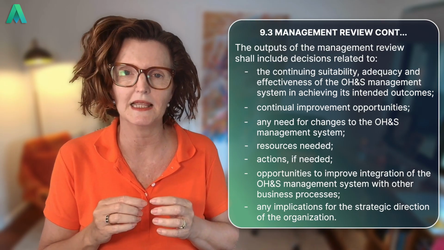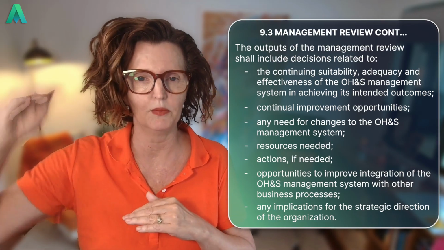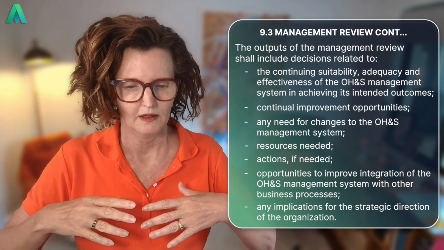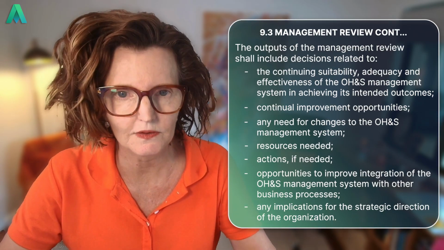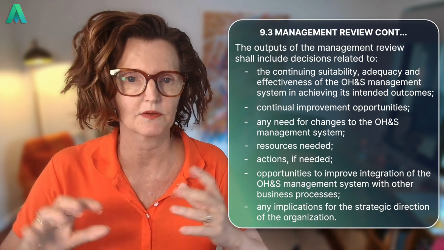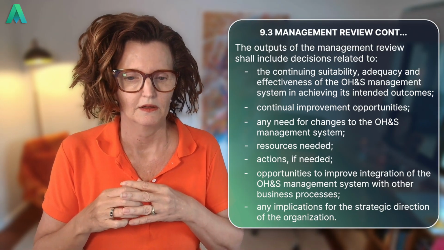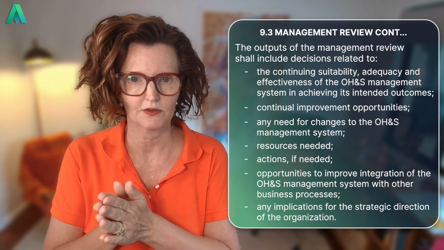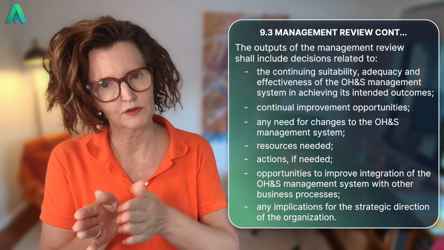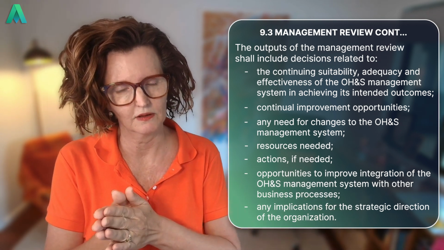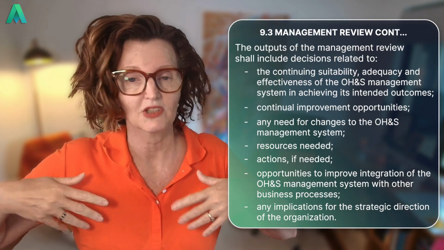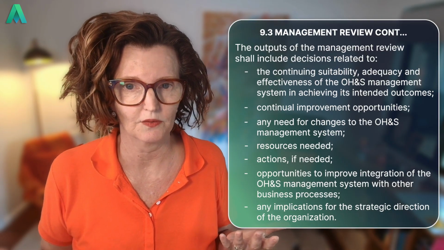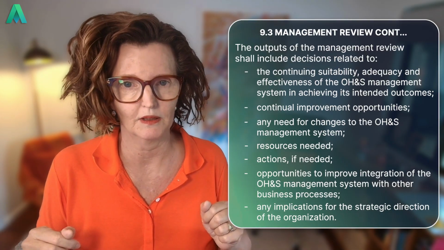So you can see that by reviewing all of those input requirements earlier, and any changes that you implement as a result of it, you should naturally ask yourself, are these in line with the strategic direction that we're heading? Or do these influence our strategic direction? Do we need to tweak that a bit? Is there something new?